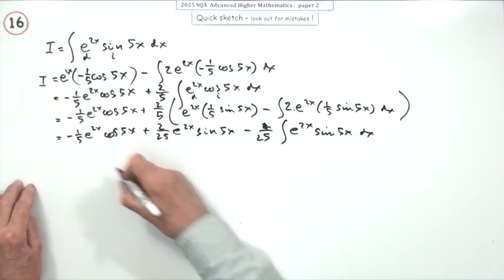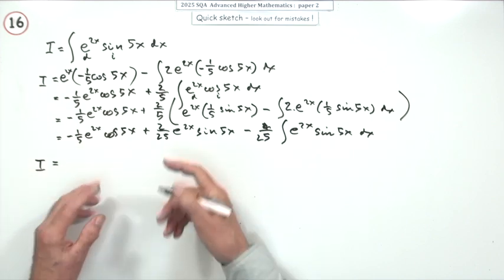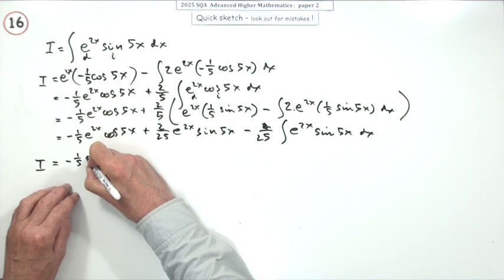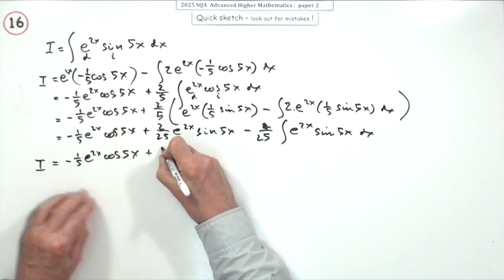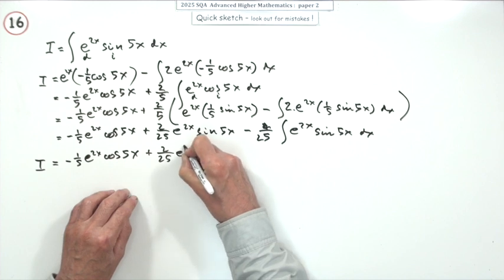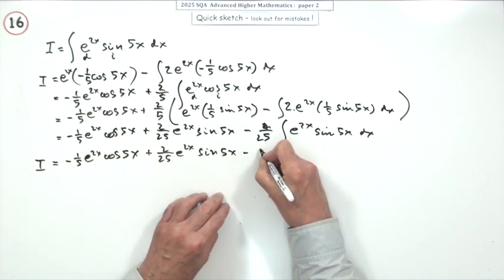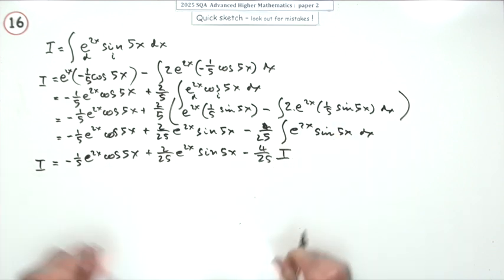So I can write this equation like this. That's why I had a name for it. I equals, I've got to put all this down, negative a fifth e to the 2x cos 5x plus 2/25 e to the 2x sine 5x minus 4/25 of I, and that's what I'm wanting.